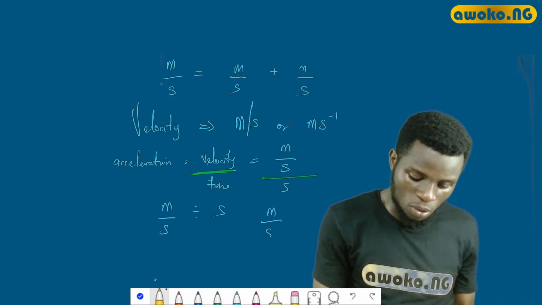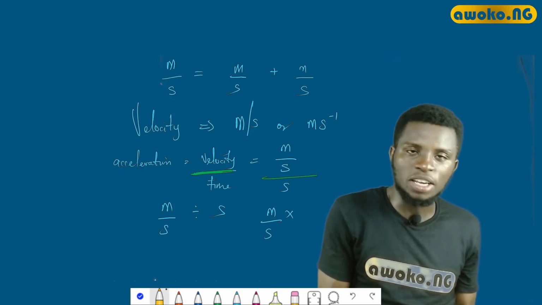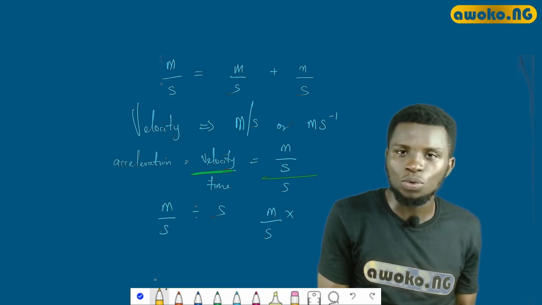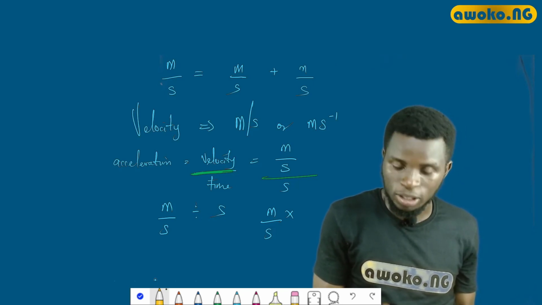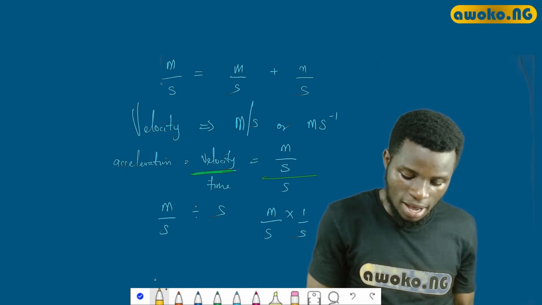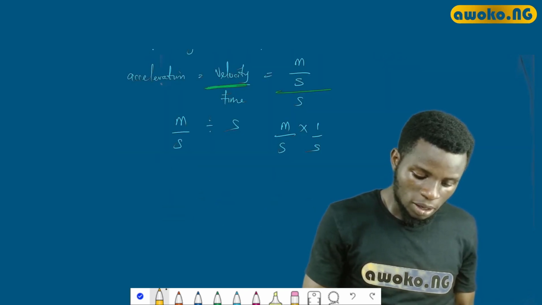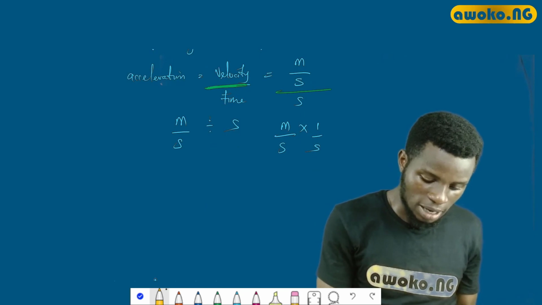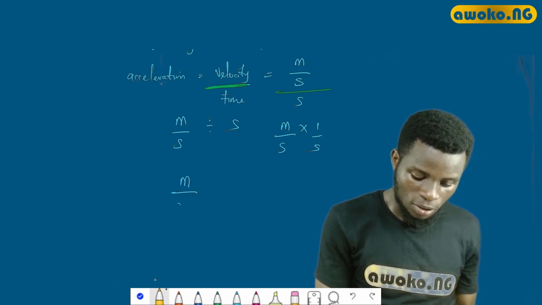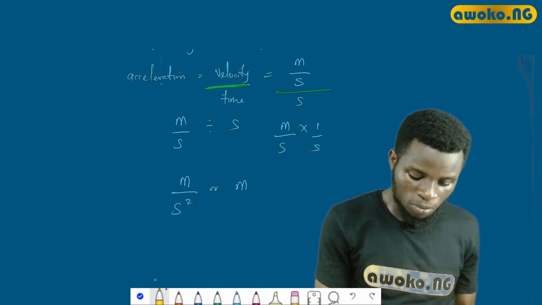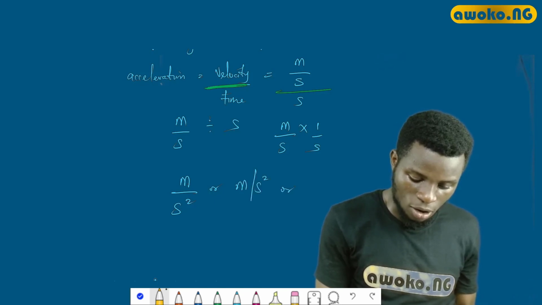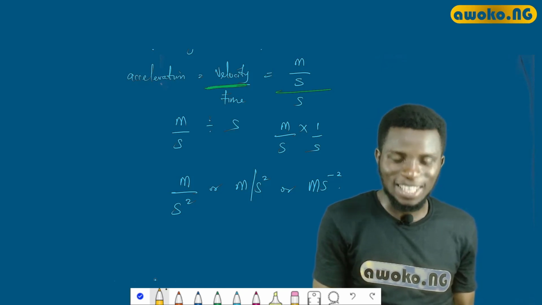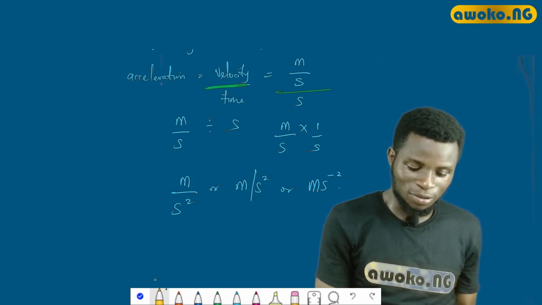So we have m over s times, if you take the inverse of s, the division sign automatically changes to multiplication, so we have 1 over s. Therefore, the unit for acceleration becomes meters over second squared, or meters per second squared. So that is the unit for acceleration.